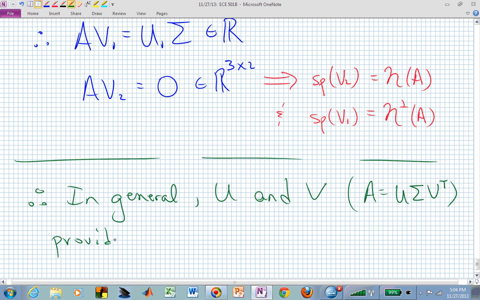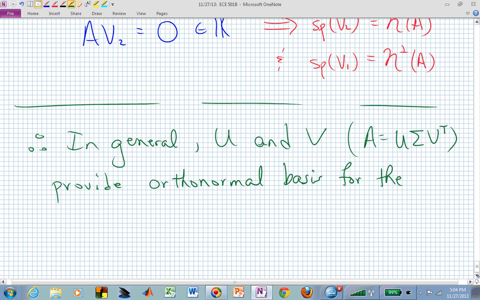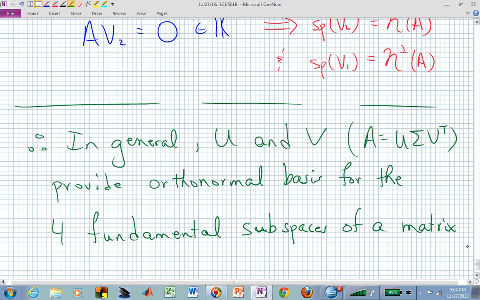Those two matrices actually provide orthonormal bases for the 4 fundamental subspaces of a matrix.